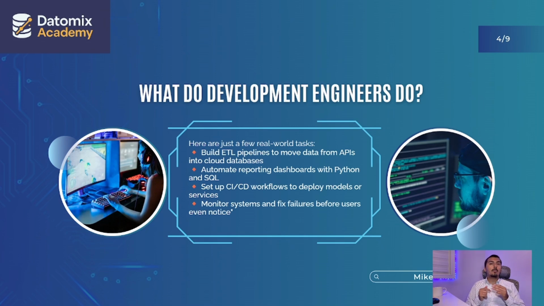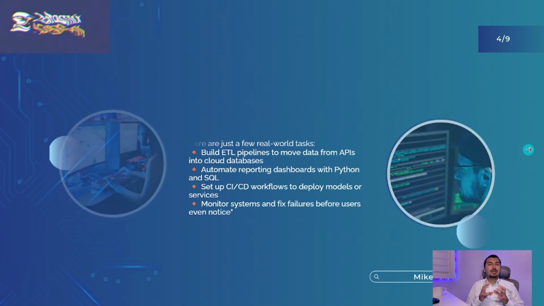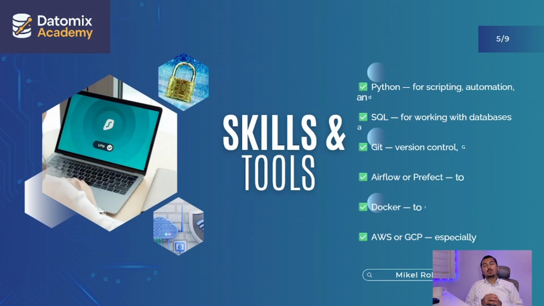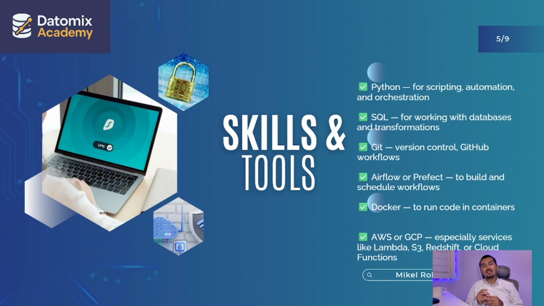They also monitor systems and fix failures before users even notice them. They work with tools like Airflow, dbt, GitHub Actions, and cloud platforms like AWS, Azure, or GCP. In short, they are the engineers who keep the engine running reliably, automatically, and securely.